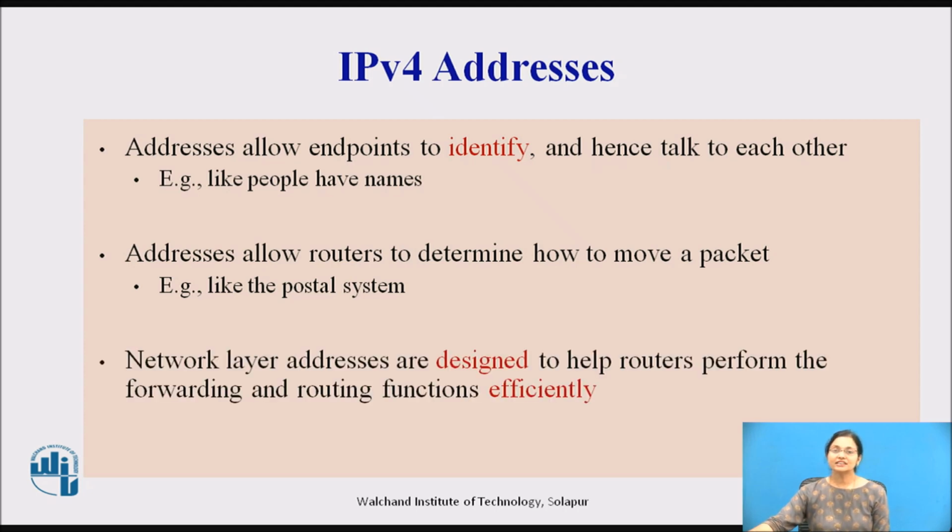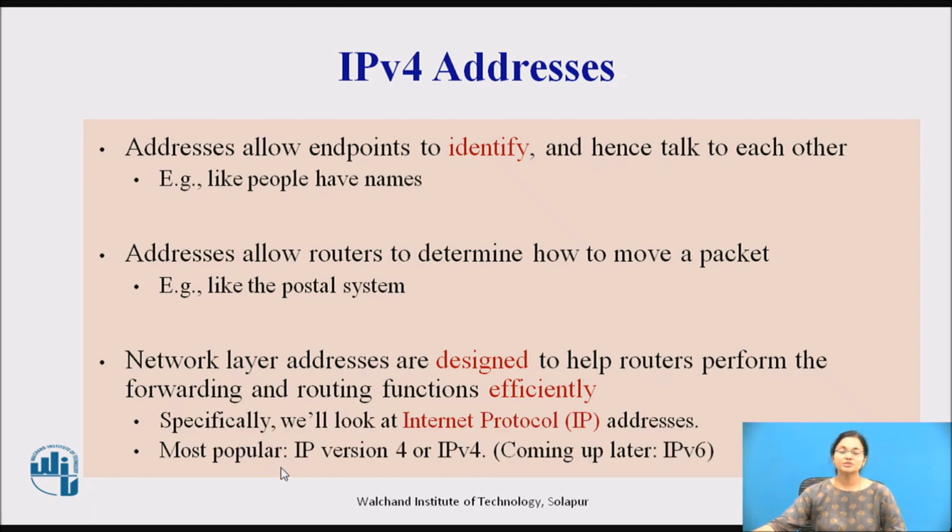Network layer addresses are designed to help routers perform the forwarding and routing function. When we are sending any message, how to route it or how to send it to the destination. Mostly two types are there, the first version, that is IPv4, and nowadays IPv6.